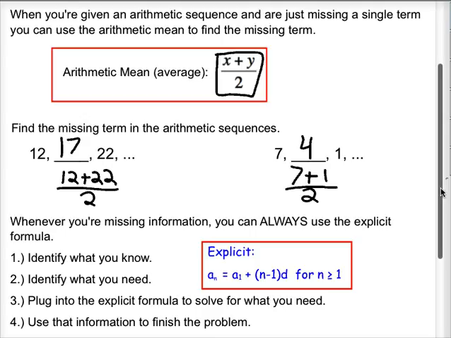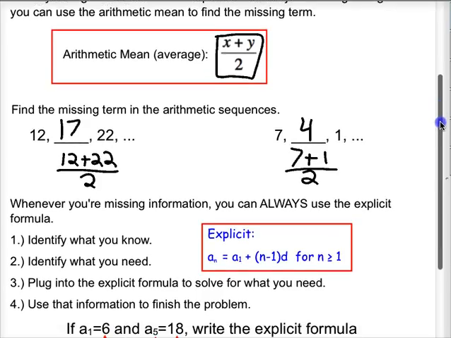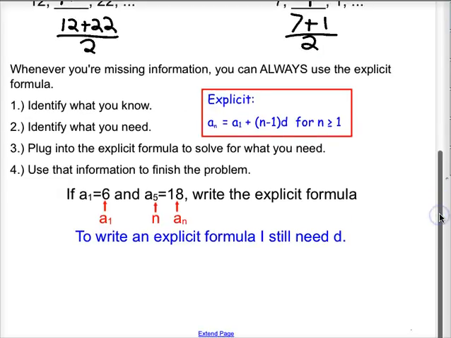Now, this only works when you're missing a single term. You know the two numbers around it, and you're missing that single term, that is when you can use this method. It is the only time you can use this method. For the most part, we're going to need a different strategy, because this strategy only works if you're interested in what the term is.